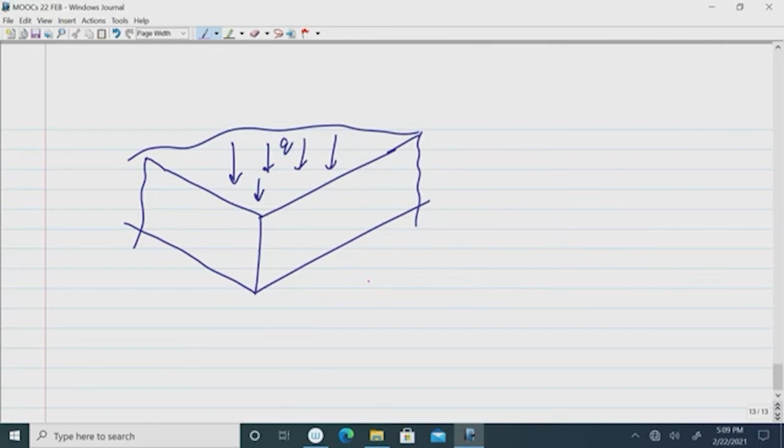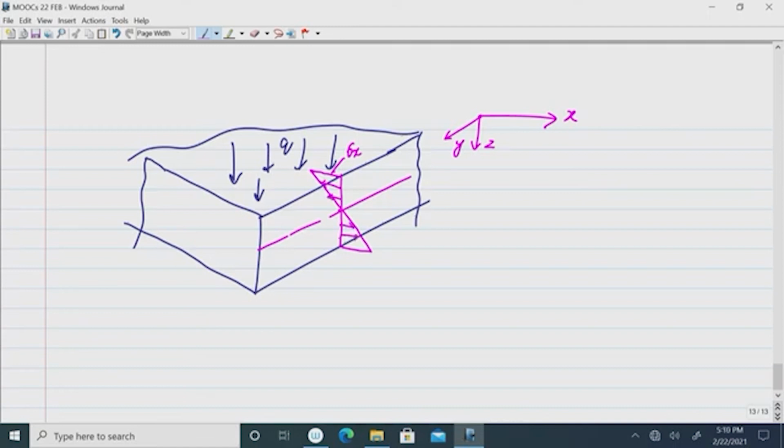First, this is the x axis, this is the y axis and this is the z axis. So, we have sigma x, the variation of normal stress along the x direction. If this is the neutral plane, it will be linearly varying, 0 at the center. This is the variation of sigma x, compressive at the top.